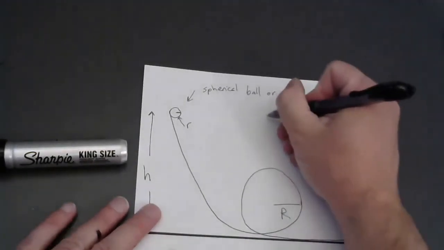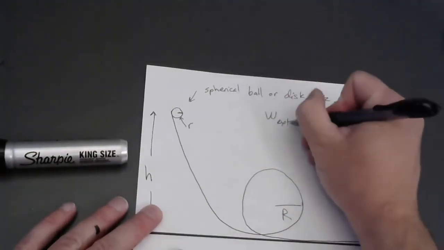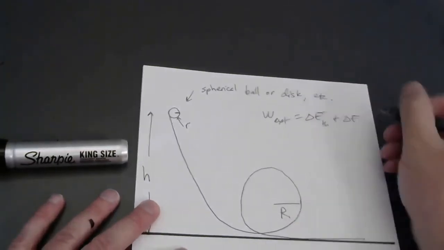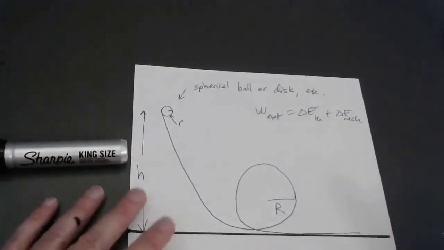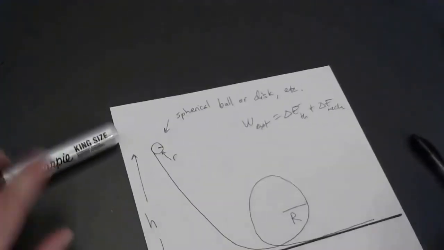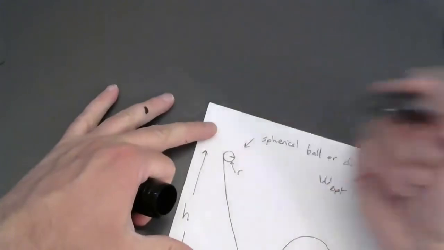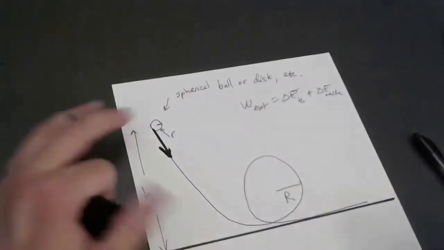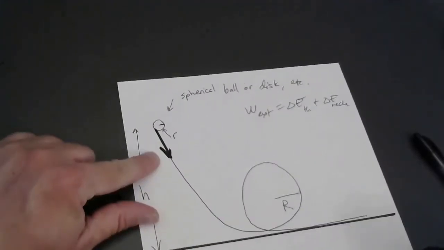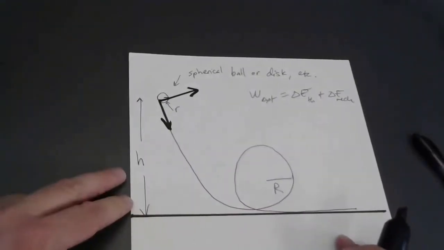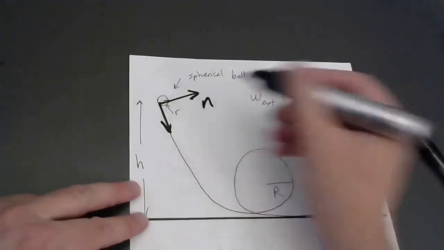And we'll still start with this equation. External work is dissipation of thermal energy plus the change in mechanical energy. And we'll say, since the only force here that is actually doing work is gravity, because think about it, I just explained why static friction doesn't do work, and the displacement of the ball is always tangent to the track, but the normal force is normal to the track, and that means no work is being done by the normal force.